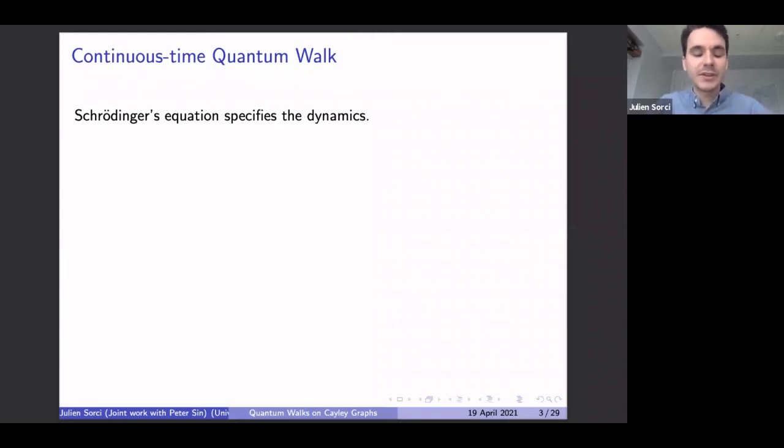To get into the specifics of what this walk looks like: as with a classical random walk on a graph, there are both continuous-time and discrete-time quantum walks. Today I'll be talking about the continuous-time model. In this case, there's a differential equation in quantum mechanics called the Schrödinger equation, which tells us how these states evolve over time.